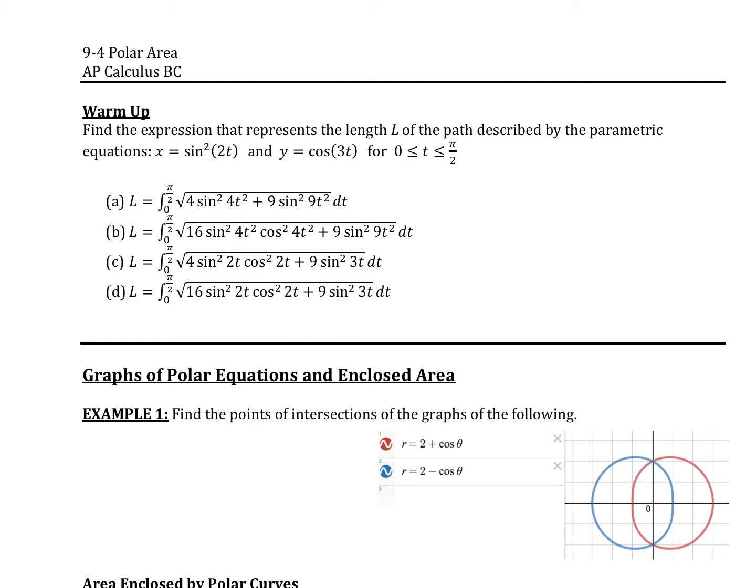All right, hopefully you had a chance to try this problem. It's asking us to represent the length of the path described by the parametric equation. The length is L, our x function is sine squared of 2t, and our y function is cosine of 3t.